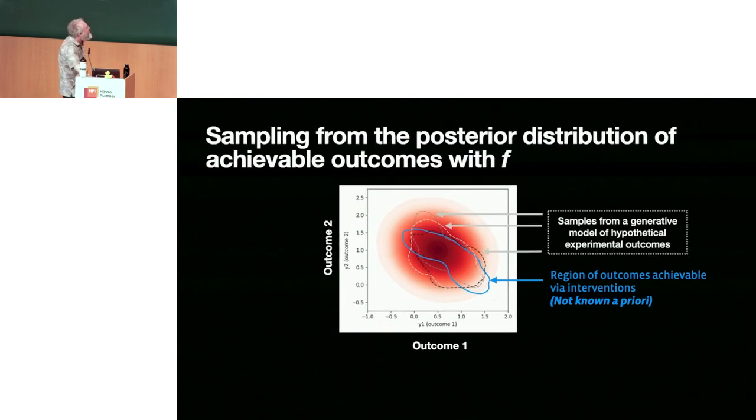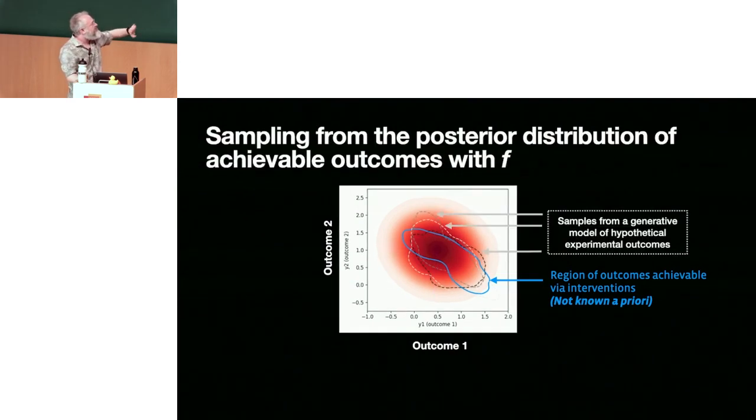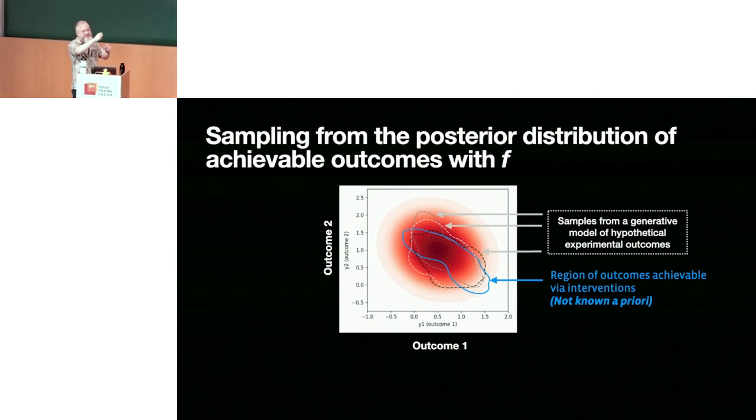And so the way that the process or algorithm that we're proposing works is that we don't actually know what the feasible region is, right? We're not going to choose this bounding box, but we're instead going to compute what we think is the feasible region based off of posterior draws from our Gaussian process surrogate.